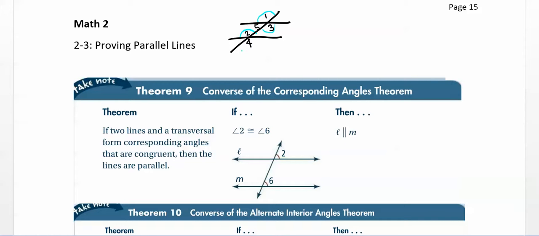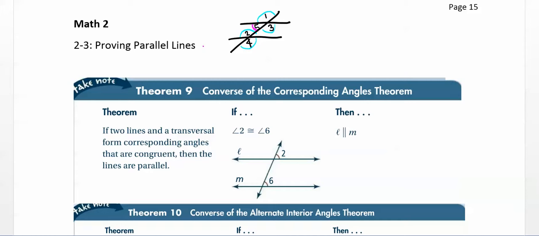And also because of vertical angles, 2 and 4 would be congruent. So angle 1 and angle 4 would be congruent. Those are alternate exterior. Then we saw that angle 2 and angle 5 would not be congruent, they would be supplementary. Same side interior angles are supplementary.